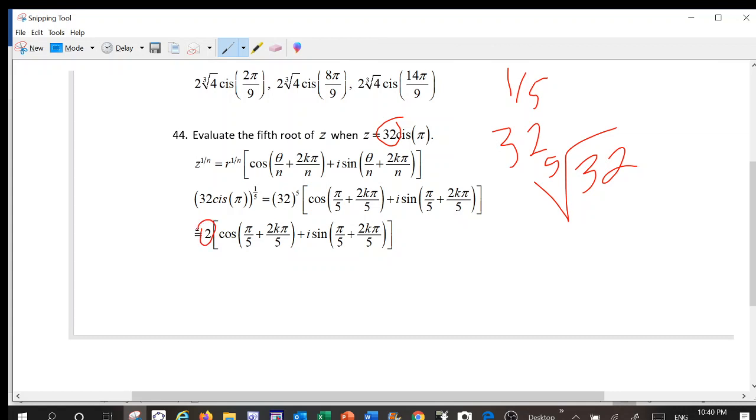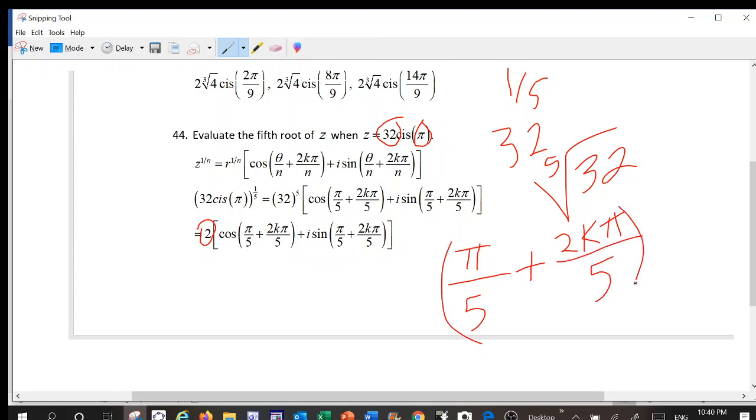And then the setup is we have to take the original angle and divide it by n, which in this case is 5, and add to it 2k pi divided by the same n. So that's the argument of cosine and sine. They go over here and over here.